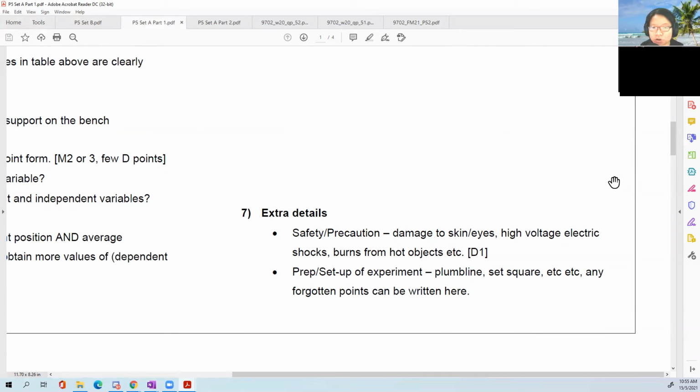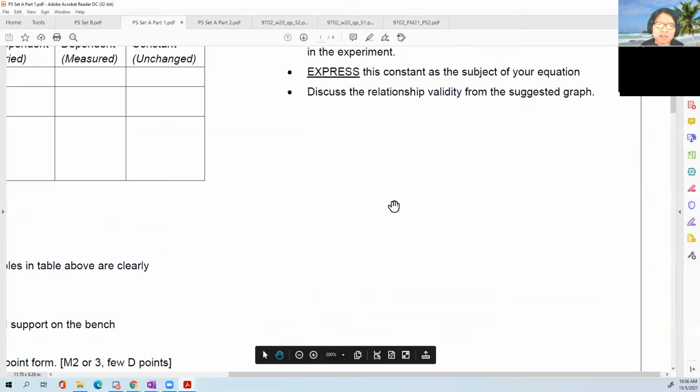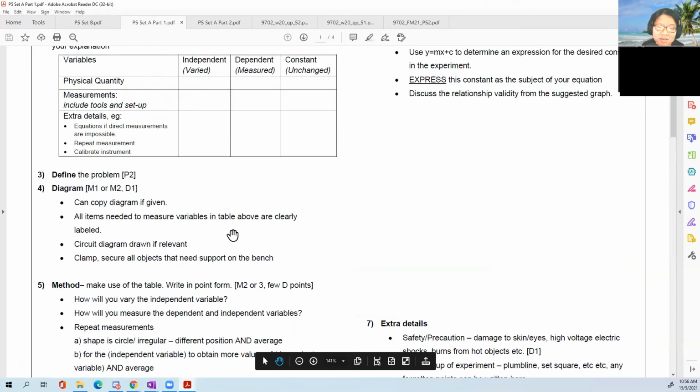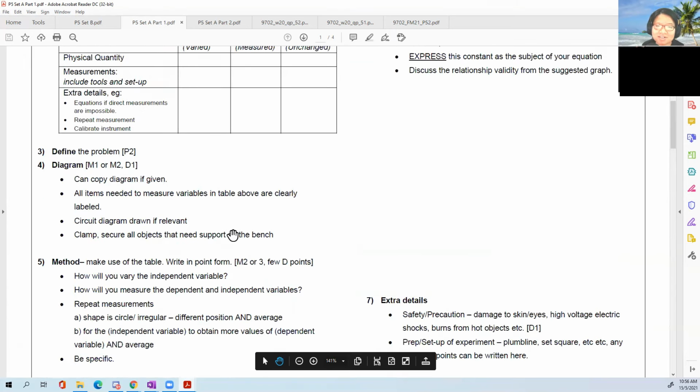When you set up the experiment, use plumb line, set square. By the time you write this part, you might think, oh no, I've forgotten to say that we use a spirit level to ensure the ruler is horizontal. Just add it at the back. They are not very strict about the actual setting.